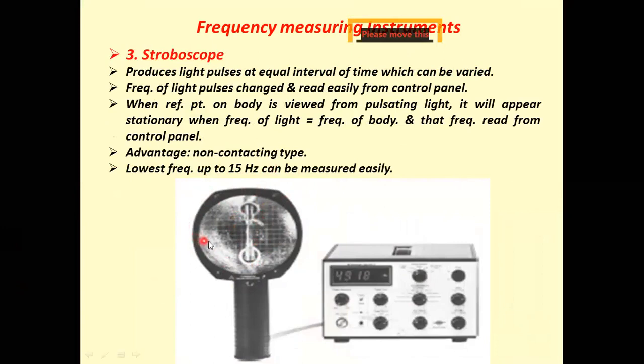It is a pulsating lamp which produces the light pulse, and the frequency of this pulsed light is shown on this control panel in digital form. So this is the stroboscope.